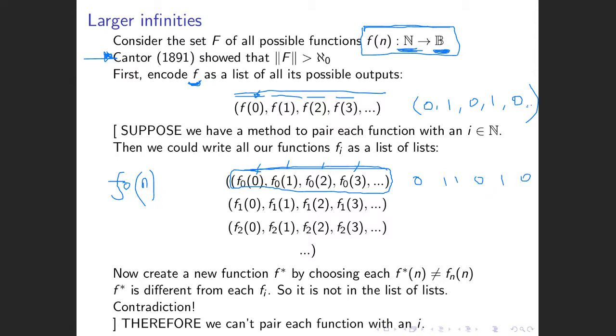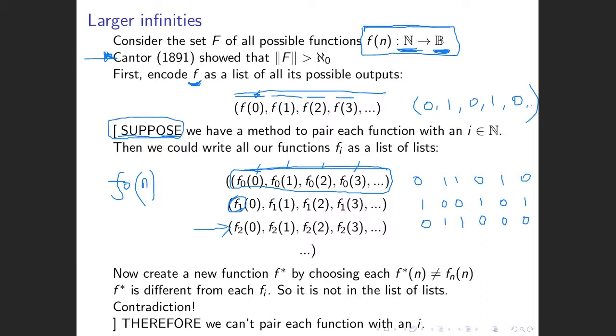Now take the next function. Take function number 1. And we're going to write down, again, these could be anything. These are all the different outputs that function gives you. Now take function number 2. Do the same thing. Now all of this is done assuming that there are the same number of functions as there are natural numbers. Okay, we're going to suppose, and suppose means let's make an assumption for a while and see what happens.